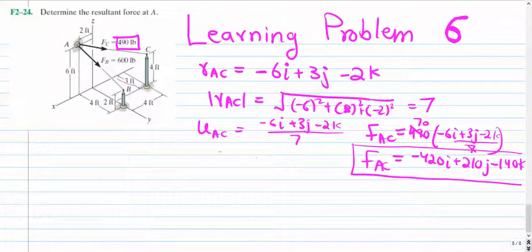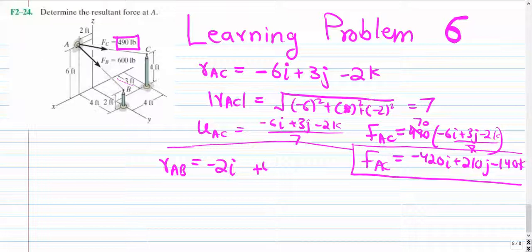Let's move on to the force vector from A to B. First we need to find the length vector from A to B. This vector travels negative 2 meters in the x direction, while it travels plus 4 meters in the y direction and 4 meters in the negative z direction.